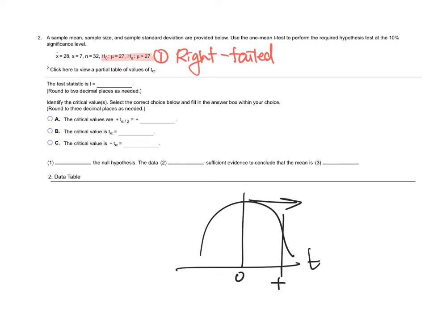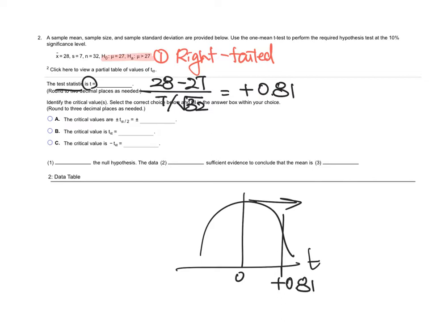So same way, you can take the test statistic. I mean the 28 minus 27 over 7 over square root of 32. Then the test statistic will be positive 0.81.